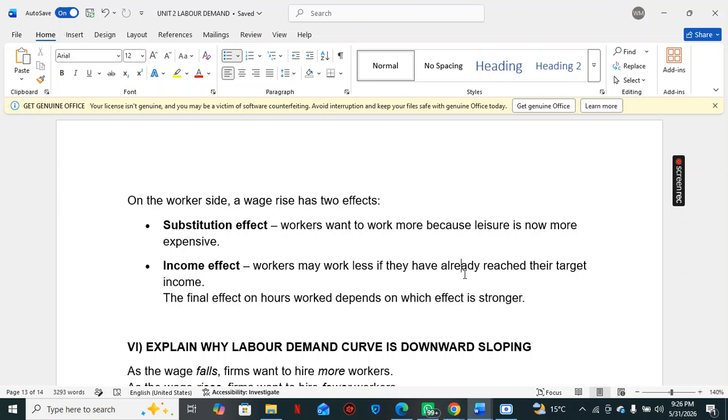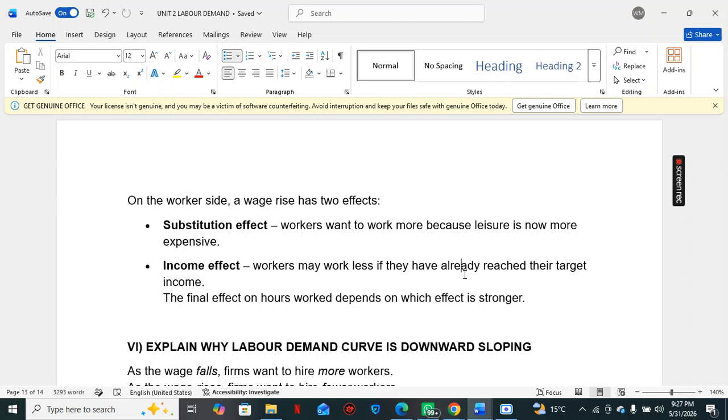Now, once you get your goal and you become the top director, are you going to be working as much as you were before? No, you're now a boss. You've got all the money that you're making. You don't need to work as much as you were working earlier on. You can start resting now. This is where the income effect comes in.